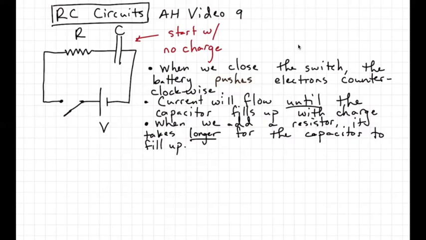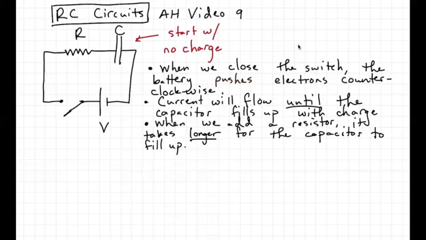So there's a couple of things that we can say for sure, just based on our previous analysis of how capacitors work. When we close the switch here and we connect the battery to the circuit, current's going to flow. Current's going to start flowing around this way, being pushed by the battery. And the capacitor will start to fill up, just in the same way that it would if there was no resistor here.